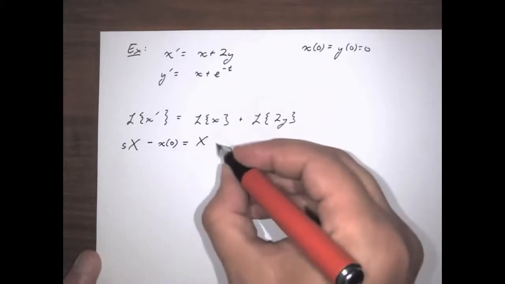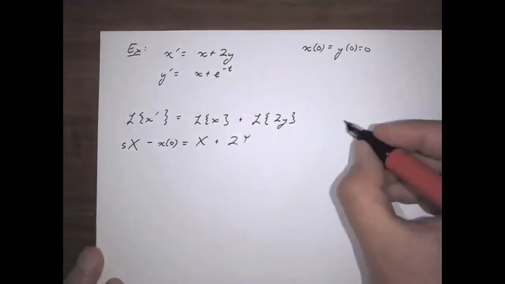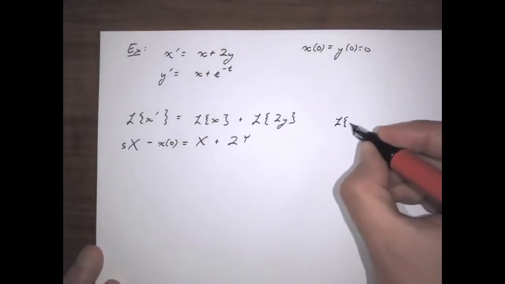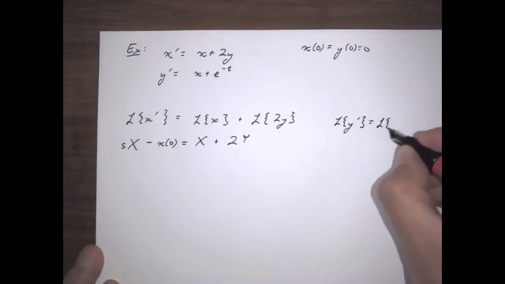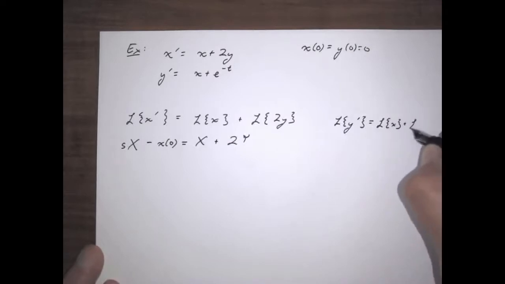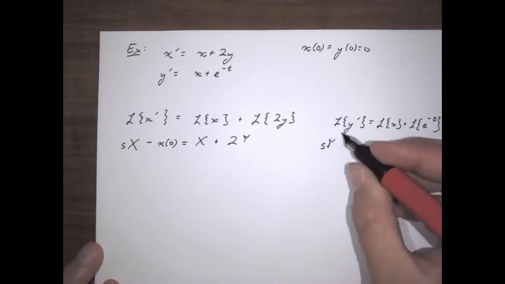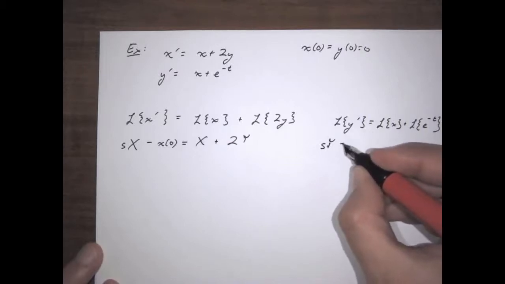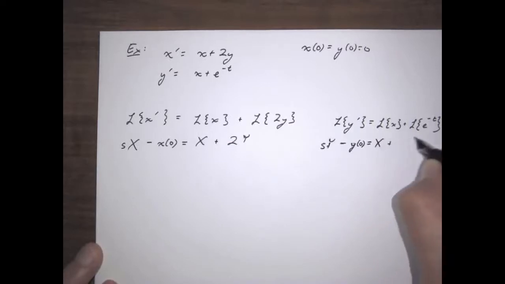It's going to equal X plus 2, and now we're talking about capital Y. Meanwhile, on the y side of things, the Laplace transform of y prime would equal the Laplace transform of x plus the Laplace transform of e to the minus t, which would be then s times Y minus y0 is equal to capital X plus 1 over s plus 1.